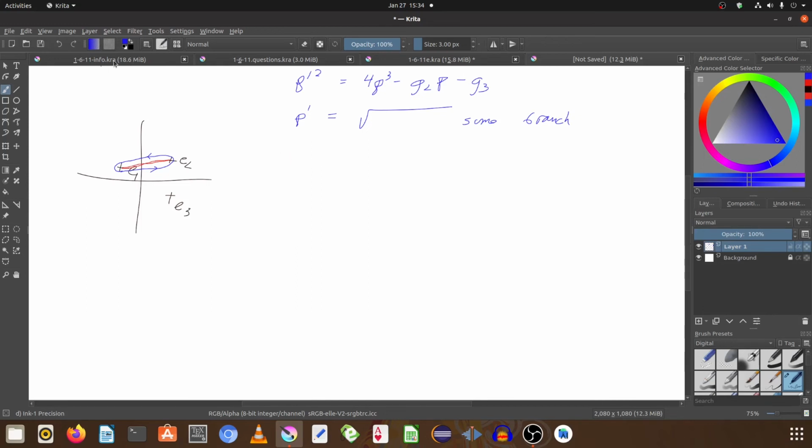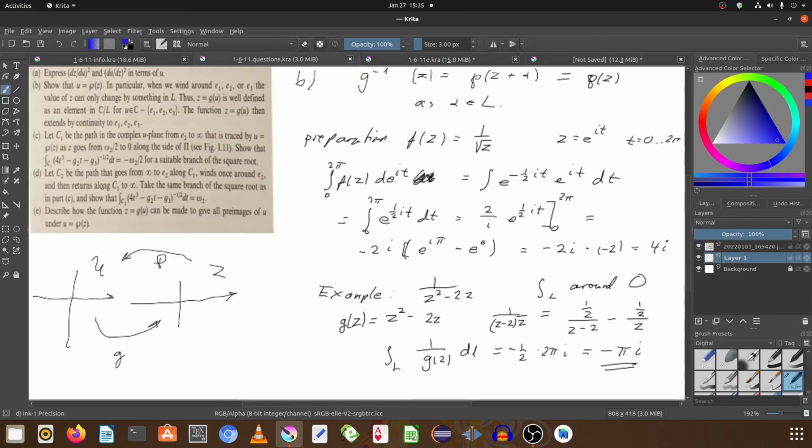The question is making it formal. I would like to make it formal because we are going to do it again down here in the next exercise.